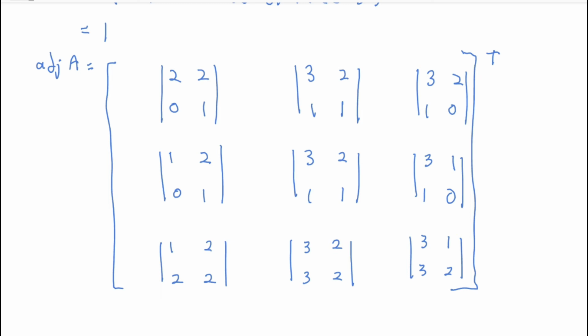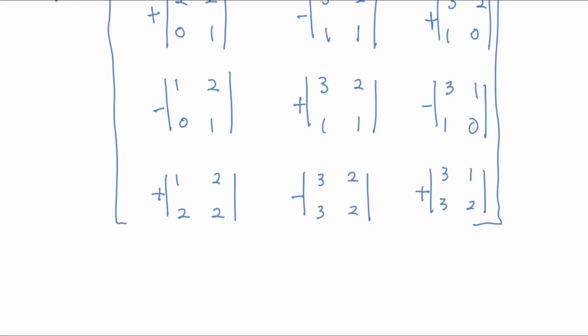Is that everything? No, not enough yet. Don't forget, you are doing the matrix of cofactor, not minor. So for the cofactor, don't forget all the signs here. Understand? Then we proceed, we calculate.